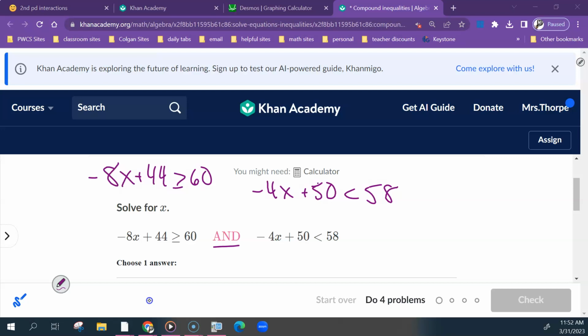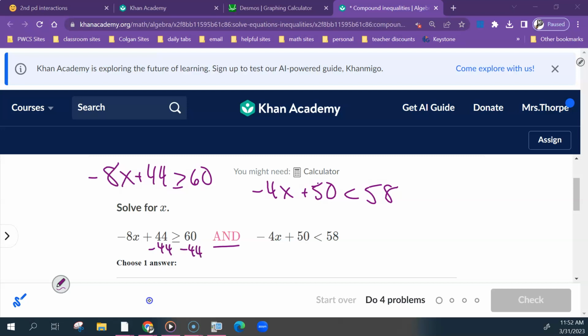Make sure you have both of those written down. So we're going to solve both of them. They don't write the "and" ones together, but you're going to solve them just like you normally would. So I'm going to focus on this one first. Get rid of the 44 by subtracting.